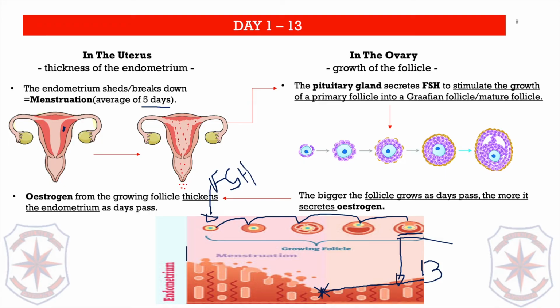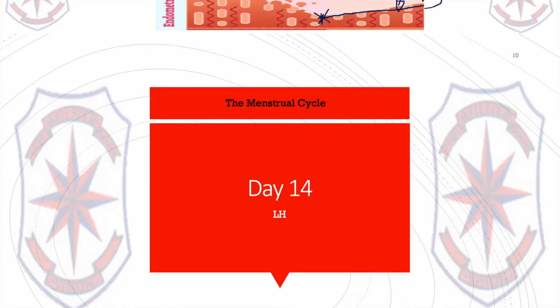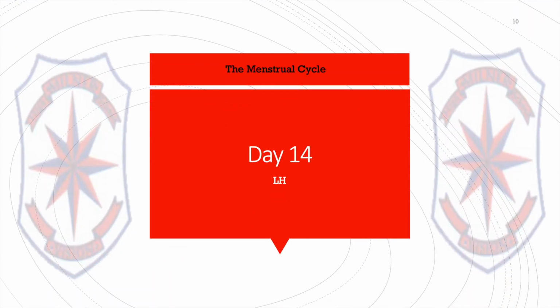We are now moving on to our second period of the menstruation, and that period is day 14. Now, at day 14, only one hormone is secreted, and that is the luteinizing hormone.